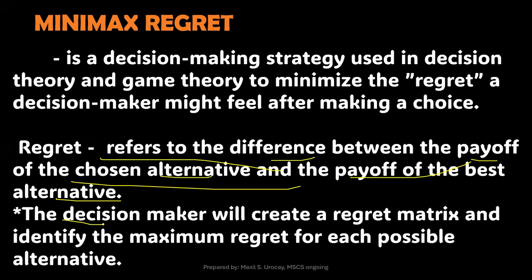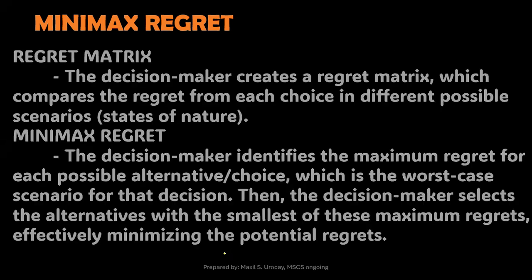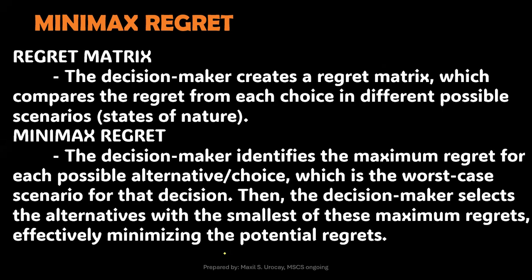Now, the decision maker will create a regret matrix and identify the maximum regret for each possible alternative. So we need to create that matrix and identify the maximum regret for each possible alternative, and there will be steps that we follow later.